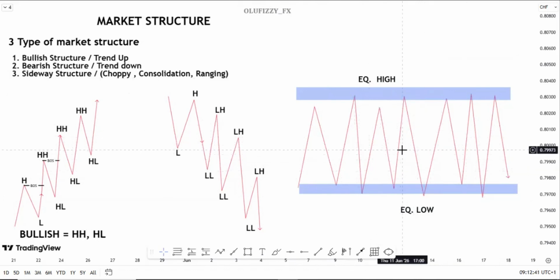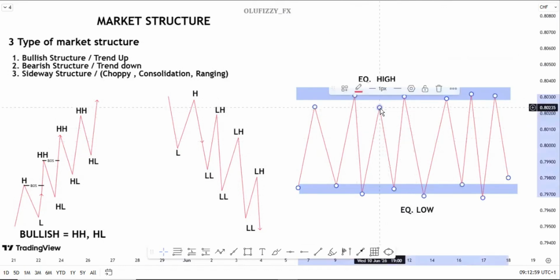But anytime you don't have a clear direction, where you cannot particularly tell that price is creating higher highs and higher lows, or lower highs and lower lows, that means the market is in a sideways market structure. So those are the three types of market structure that we have, which means price cannot do beyond these three things. Either the market is going to the upside, or the market is going to the downside, or the market is in a ranging condition.